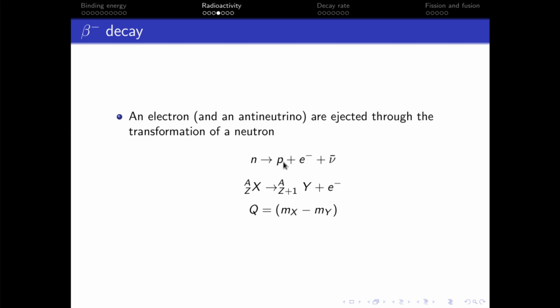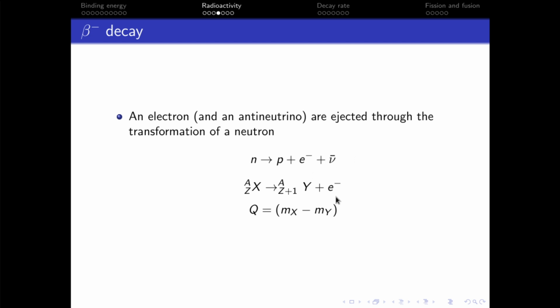Here, a neutron will transform into a proton, which will stay bound inside of the nucleus. Also, through the conservation of charge, we started with something that was neutral, and here we have something positive. We need an equal negative charge to cancel it, so an electron will also be ejected. We call it beta minus decay because we throw out an electron, which is negatively charged.